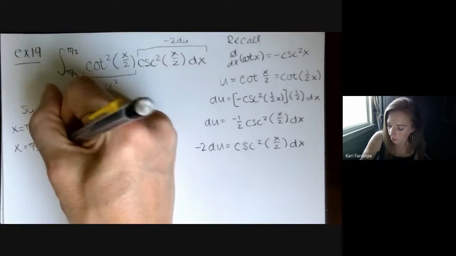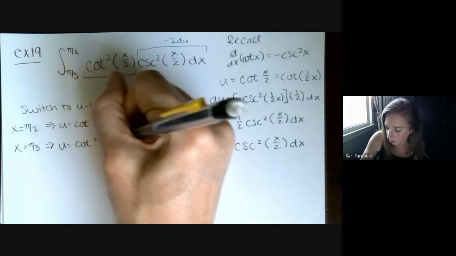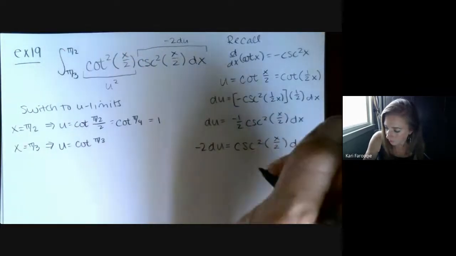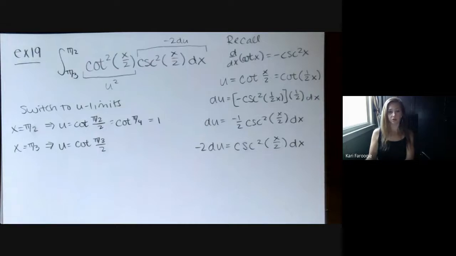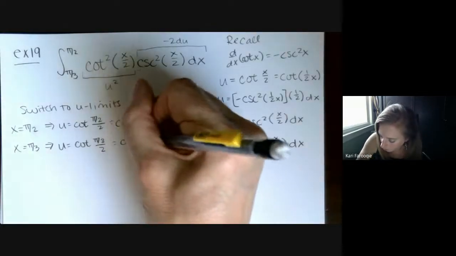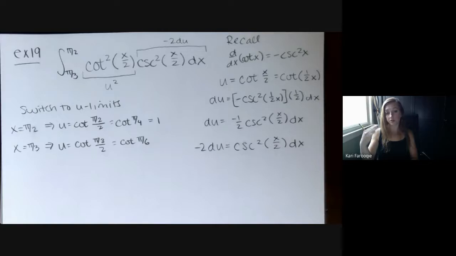All right, a little bit harder for pi over 3. U equals the cotangent of pi over 3 over 2. So the cotangent of x over 2 is the cotangent of pi over 3 over 2, which is the cotangent of pi over 6. You might find this to be easier writing this as cosine pi over 6 divided by sine pi over 6.